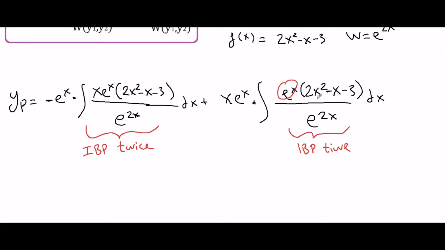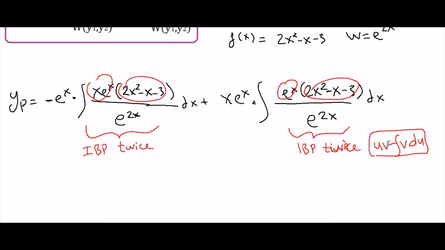So you have two functions in multiplication form, so you need to use the integration by parts formula, which is u times v minus the integral of v du. I have a detailed video about how to compute integration by parts.